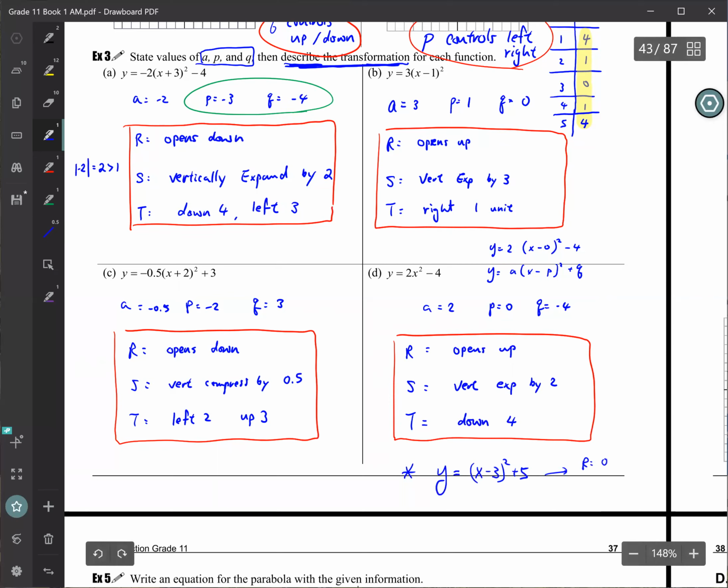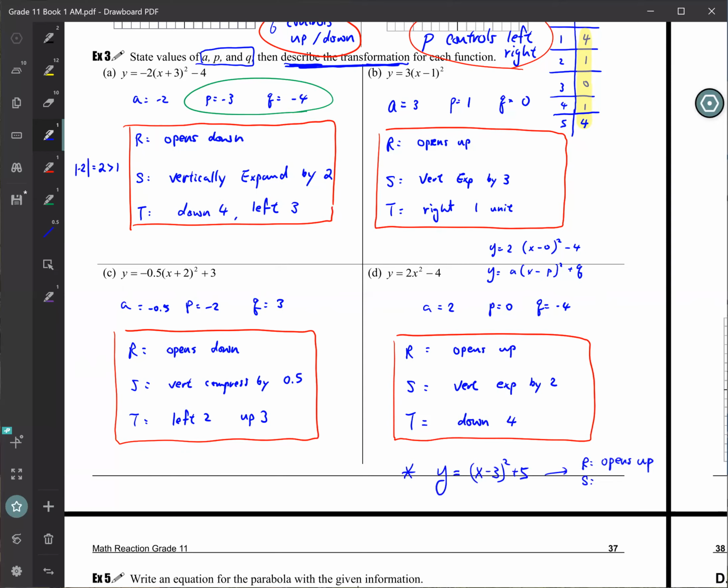Or you can just tell me it opens up. And then what about S then? Sarah? There's no, none. That's okay, yeah.